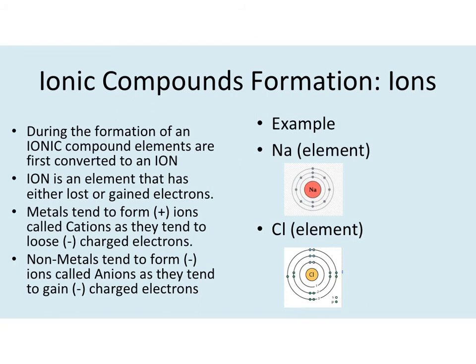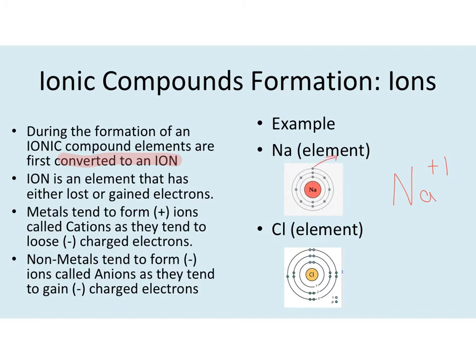So during the formation of an ionic compound, the elements first have to be converted to an ion. An ion is just an element that has lost or gained electrons. So if we look over here, we have sodium as an element. Sodium ion would be Na+1, because it would lose this electron, and electrons are negatively charged.